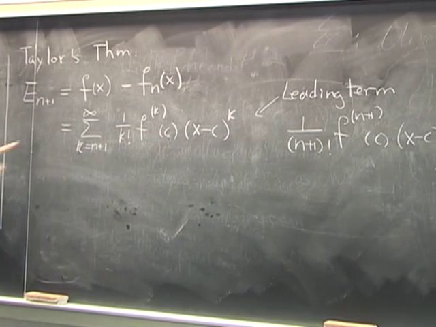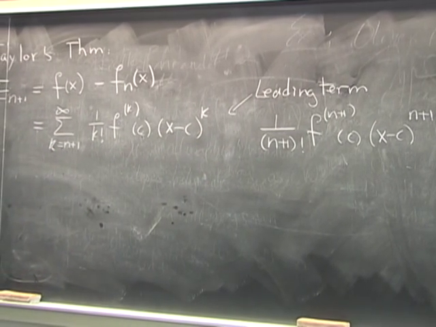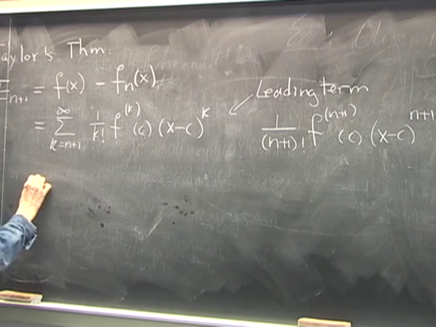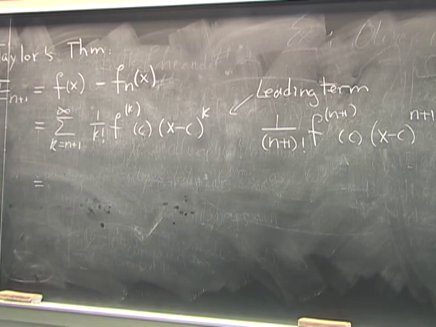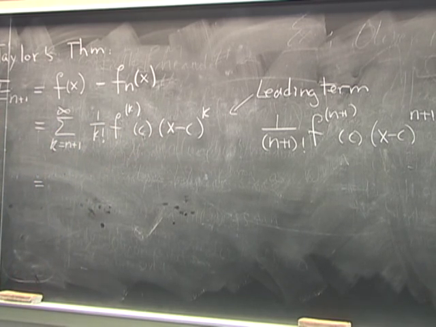That will be the first term in this infinite series. So Taylor's theorem says, which we do not prove here, provided convergence, that this infinite sum is dominated by the first term in the following way.